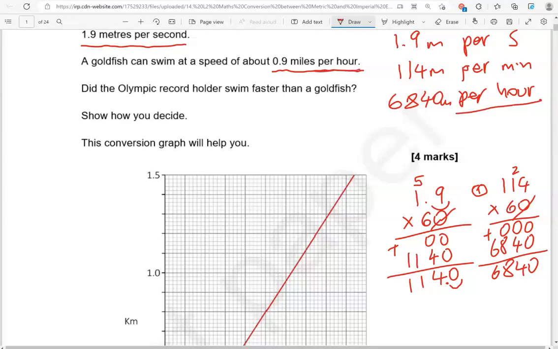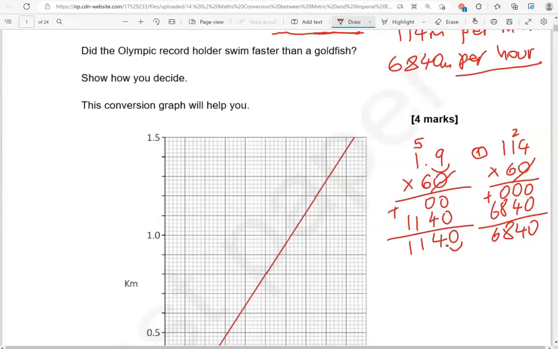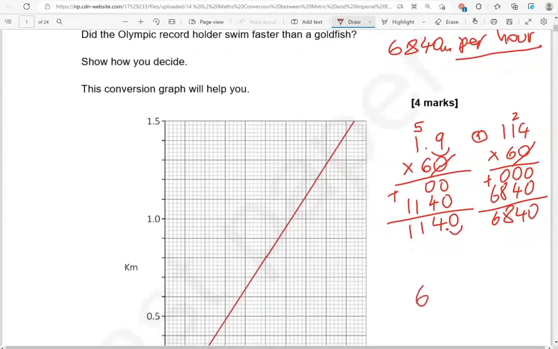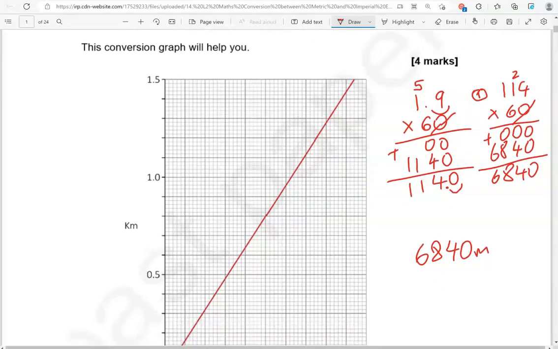So we've got now the second part of the unit being the same. So what we need to focus on is converting the meters into miles. To do that, we need to convert them into kilometers first. So 6,840 meters. What is that equal to in kilometers? We know that in 1 kilometer there are 1,000 meters.